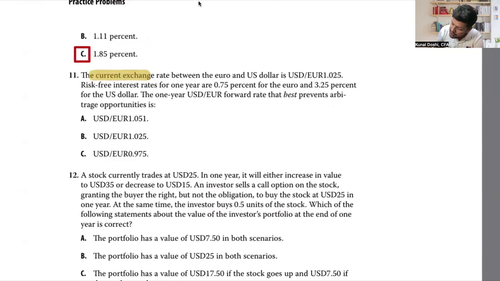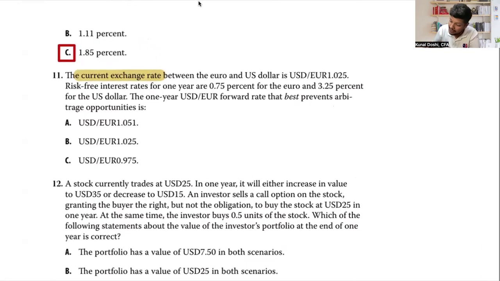Here they have put the currency information. So they are expecting us to know interest rate parity in the second topic itself. Current exchange rate between euro and US dollar is this. Now, by the way, this is the rate of euro. In the CFA Institute, we use the price/base currency format.